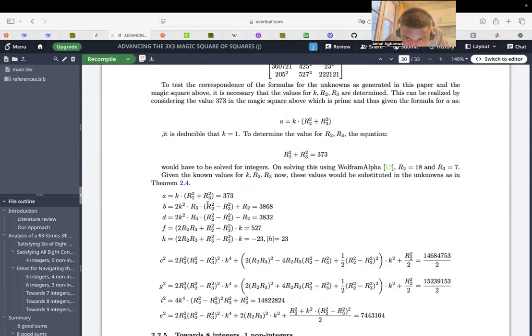What is C? 468, 47532. Hmm. So I've gotten ABC. I'm now going to do AD plus A squared plus D squared plus G squared.